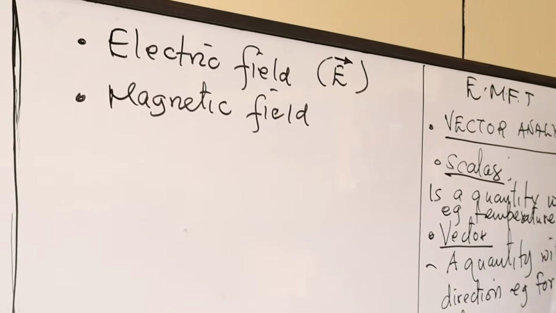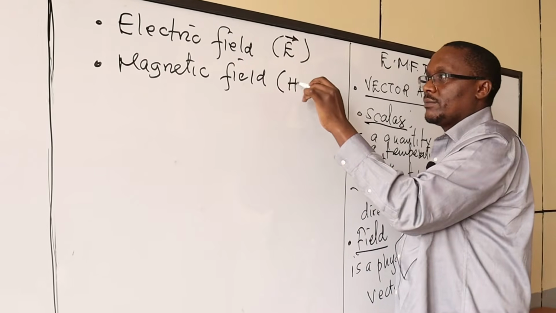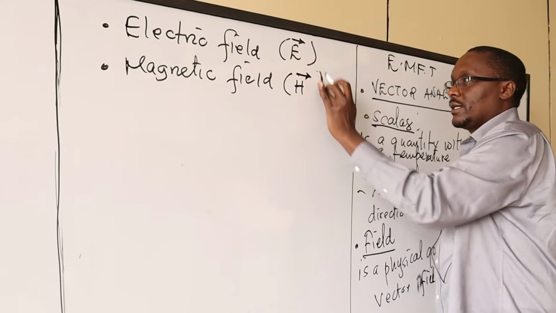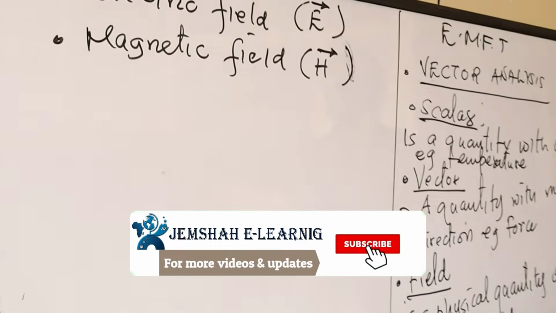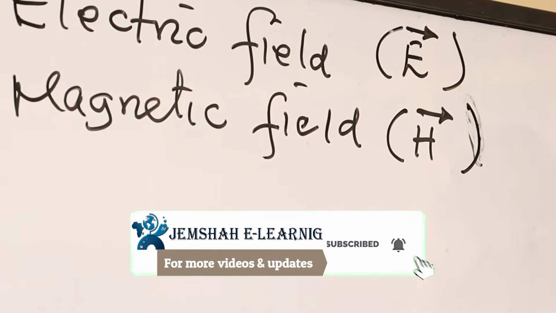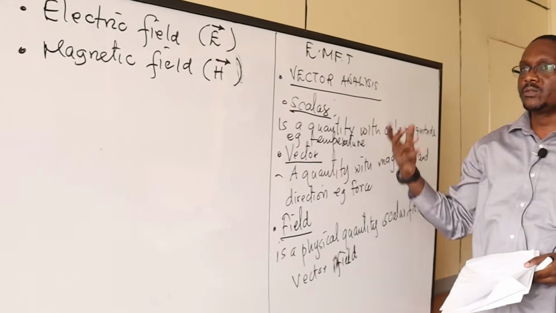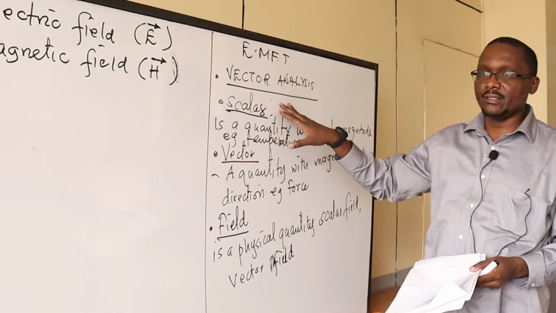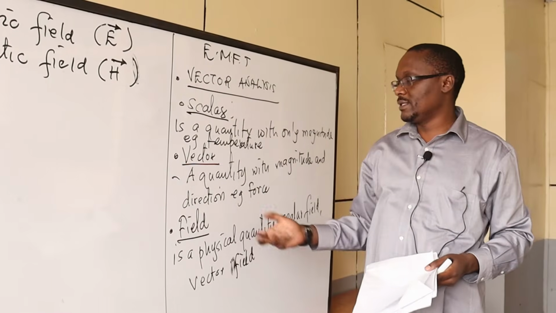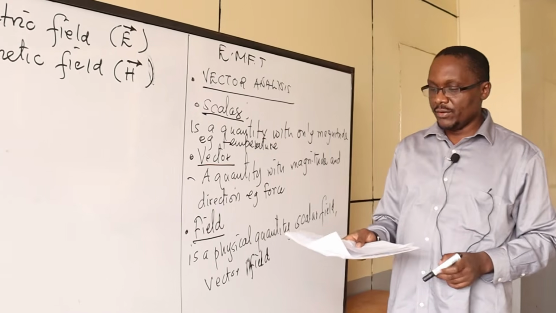This arrow indicates that it's a vector field. Similarly, a magnetic field can be denoted by capital H with a bar on top. So this indicates that this field is equally a vector field. Now, because electromagnetic field theory will mostly involve vector fields, it is necessary to know a lot of vector analysis before handling the other units that we'll look at later on.